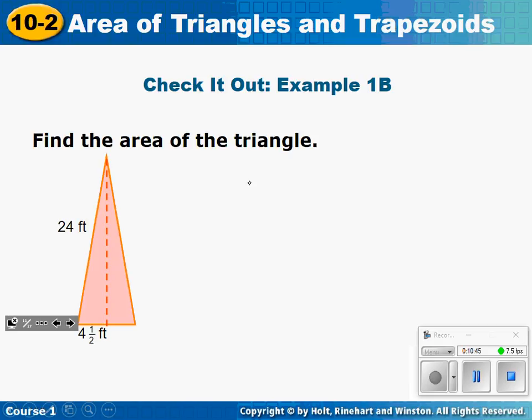So ideally, what you should be writing down right now is 1/2 times 4.5 times 24 equals. You got it before.